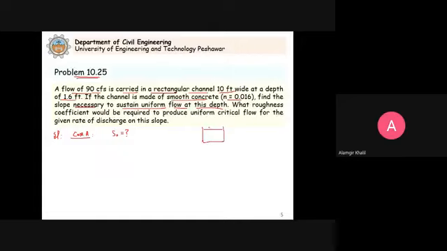This width is given, the small b, and this is the depth, which is also given, 1.6 feet. This is the depth of flow, and the width of the channel is given as 10 feet.